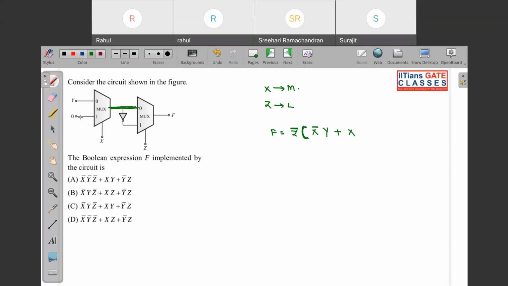If it is X, then this will be 0. Plus, now again come back over here. If it is normal Z, then this line will be getting selected. But here in this path, you can see there is one NOT gate. So simply whatever we have got over here, just complement it.